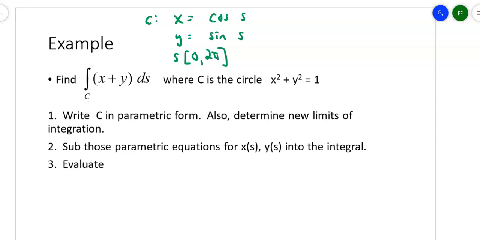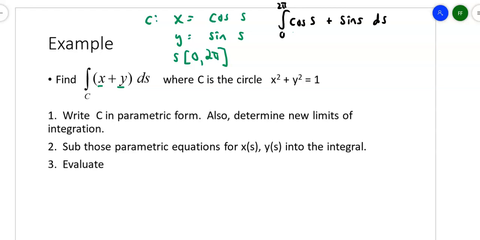All right, so now when I look at my integral, it's the integral of x plus y. So it becomes the integral of cosine of s plus the sine of s integrated with respect to s from 0 to 2 pi.